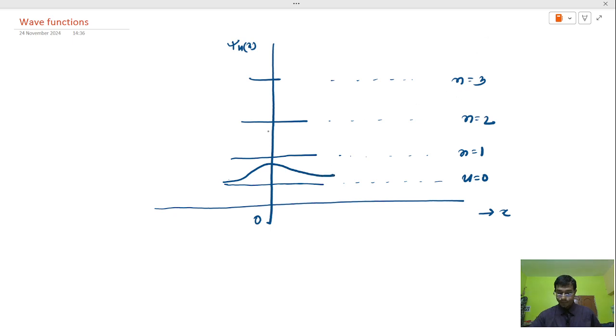The second one looks like this. The third one is for n equal to 2, and the last one is for n equal to 4.